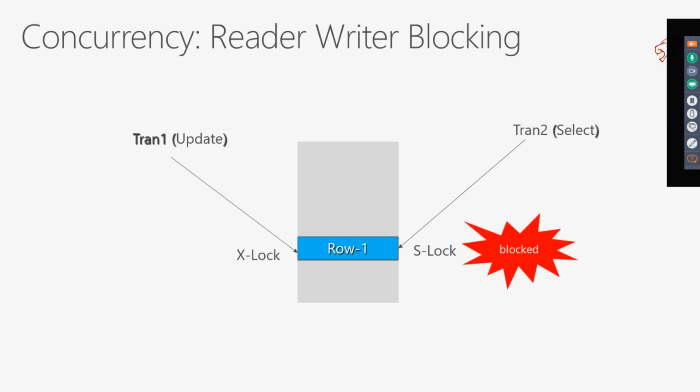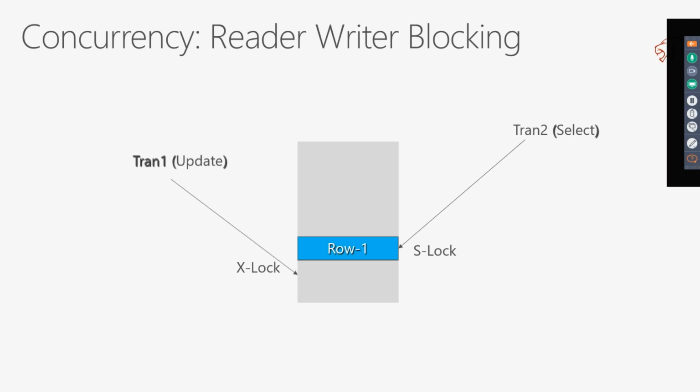Read committed makes sure that I want to see the transactionally committed data. Blue at this time is not transactionally committed, right? Because transaction 1 has not yet committed. So it will get blocked, right? And then transaction 1 goes away, and now transaction 2 can read the blue row. You agree? This is how it works.